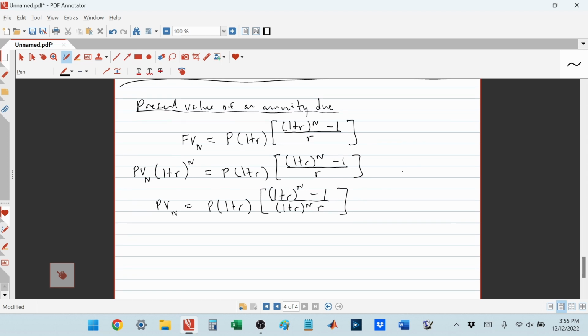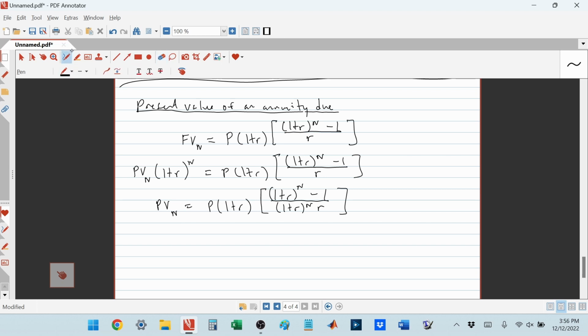Because we're dividing this side by (1 plus R)^n so we can isolate this variable. We're also dividing the right side by (1 plus R)^n, so that we can isolate PV sub n.